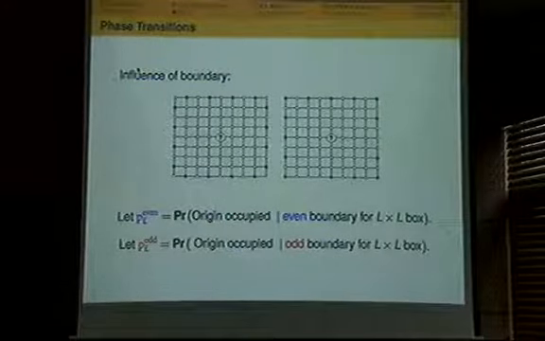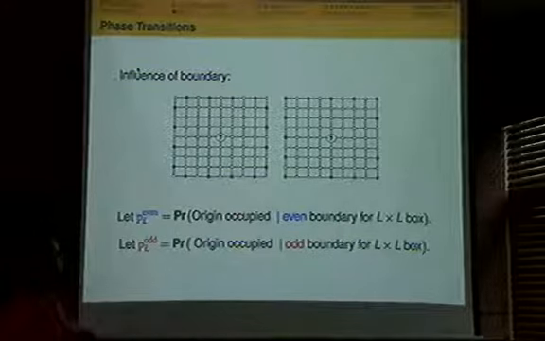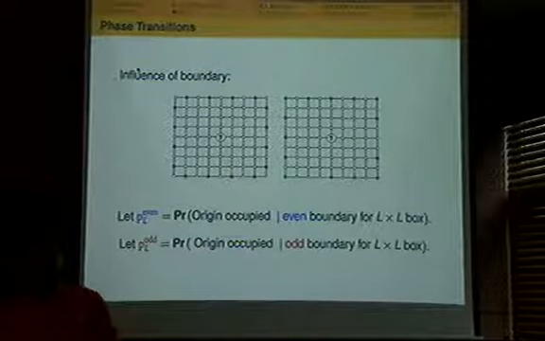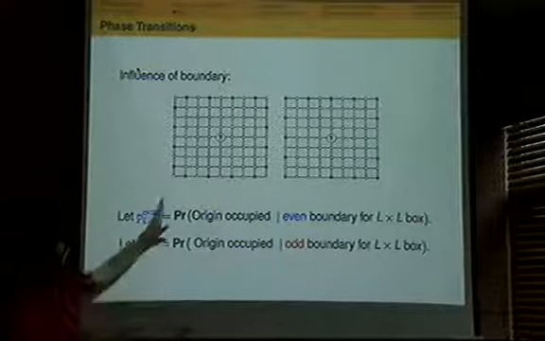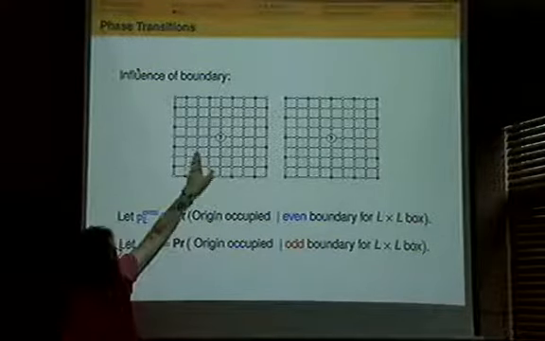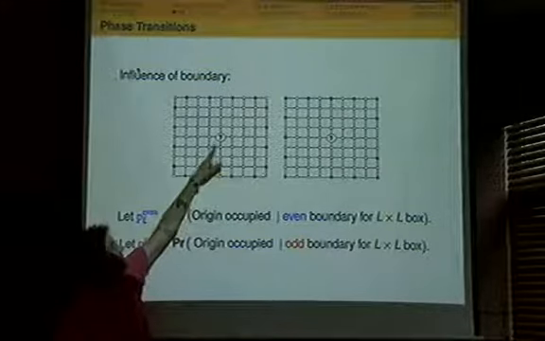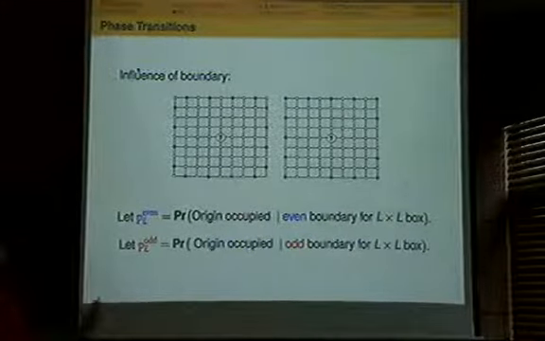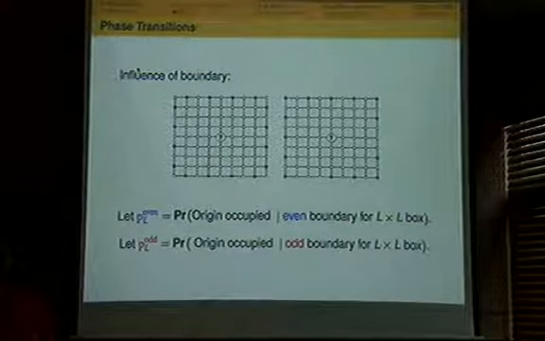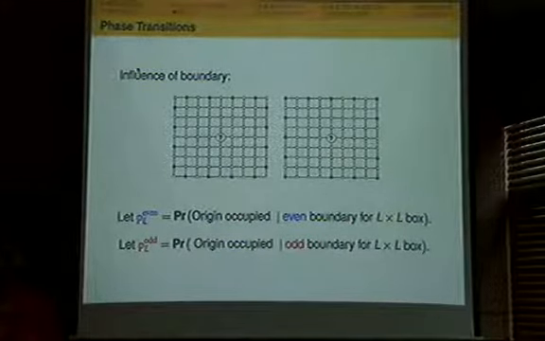Okay. So I hinted at it a little bit. So what I'm going to do is I'm working with finite graphs. So I take the integer lattice, I just take some box, L by L box around the origin. Okay, and I'm interested in this distribution where an independent set has weight lambda to the size of the set.